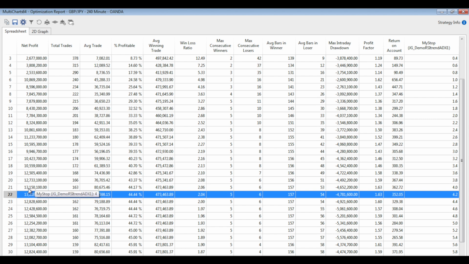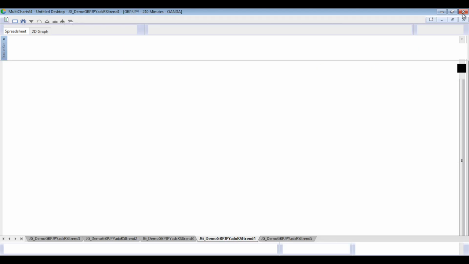We've got the best net profit and certainly one of the best average trades. You can argue that they're slightly better further down, but if we can keep the stop narrower and keep a similar average trade and net profit, then I'd prefer to do that. So let's use 420 pips as the stop loss.